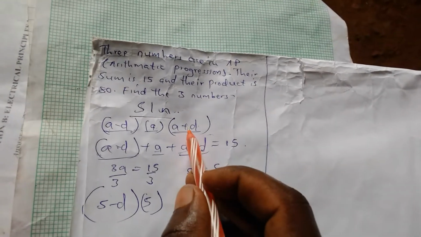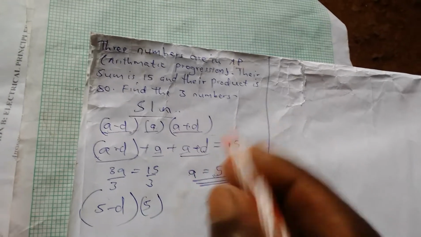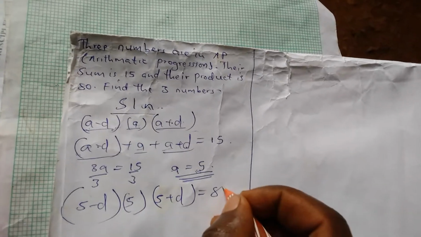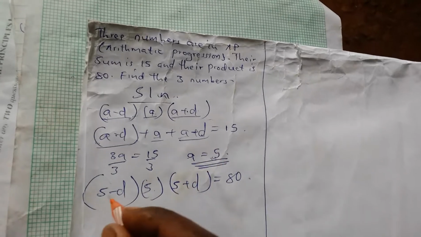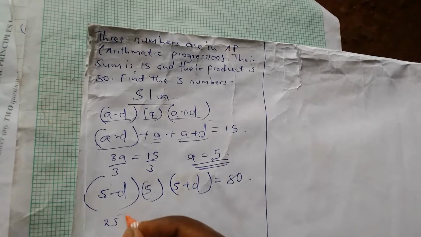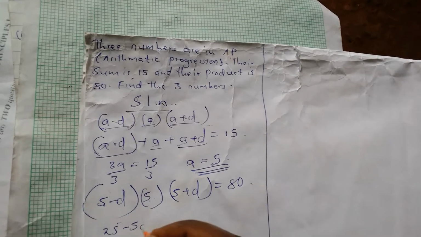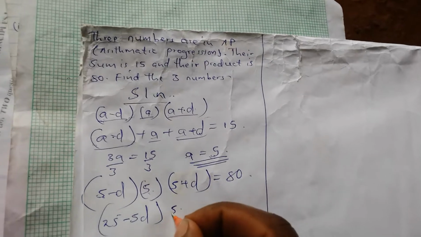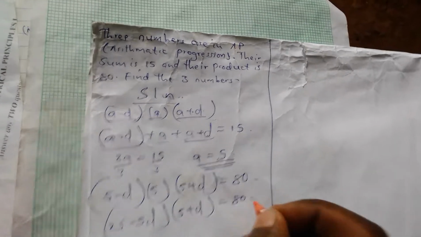Then you multiply by this other, the third number, substituting A with 5. So 5 plus D is equals to 80. We are just going to open here, simple. 5 times 5, 25. Negative D times 5, negative 5D. Then drop this one here, 5 plus D is equals to 80.